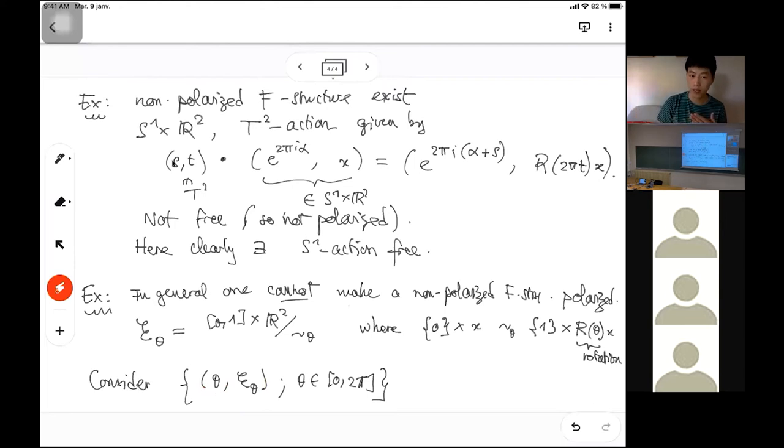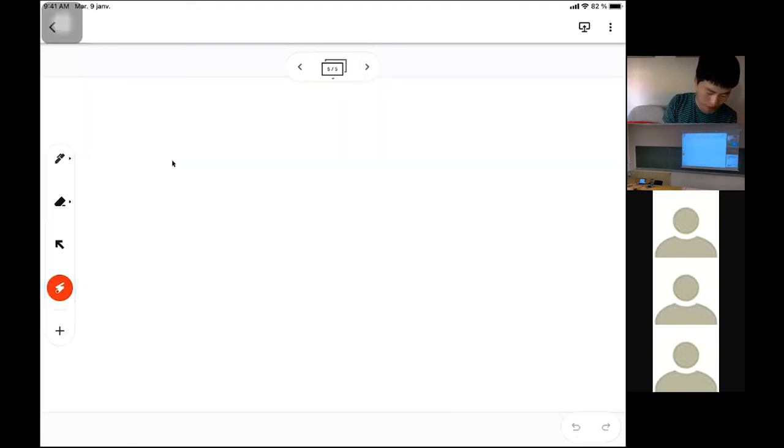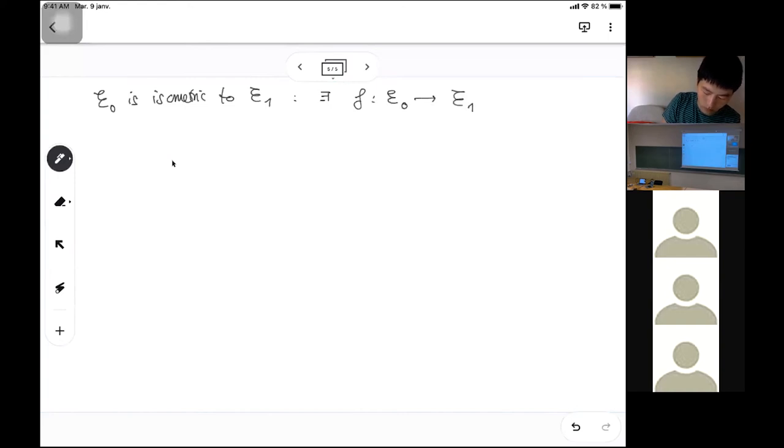And you identify E0 and E1 using that isometry. Okay, purely isometric.